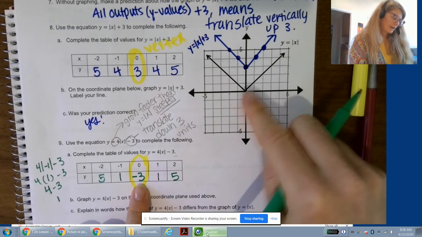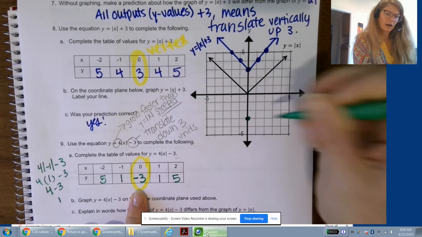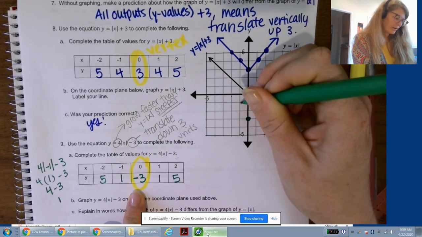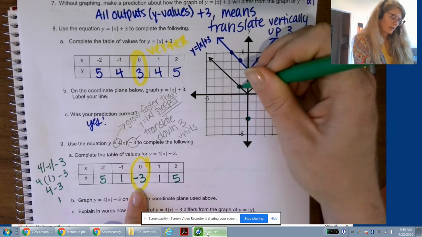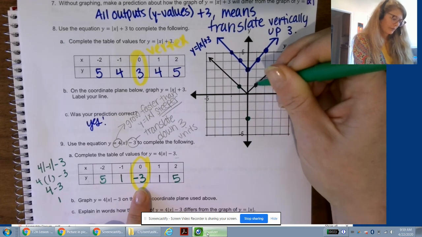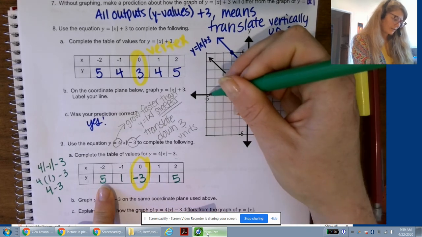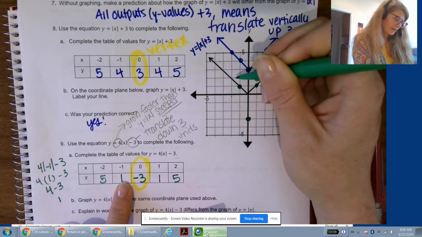So let's see. I always like graphing my vertex first. So 0, -3, 1, 1, 2, 5. The power of the vertex. -1, 1. Wow. Really? -1, 1? Oh my goodness. Look how fast that is growing. -2, 5.